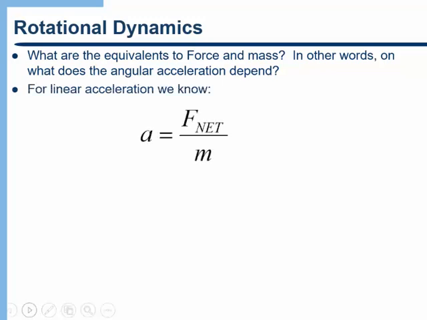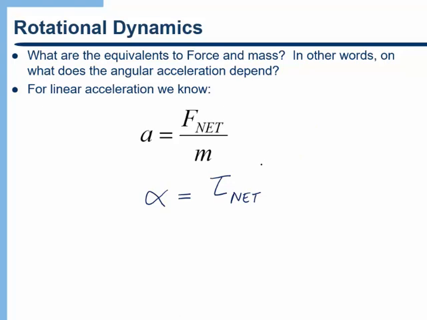We know that for linear motion, the acceleration is the net force divided by the mass. In other words, Newton's second law. Well, what we have for rotational motion is alpha, and we want to understand what alpha depends on. Well, it turns out it depends on 2 things that we haven't really talked about yet. The equivalent of force for rotation is torque.